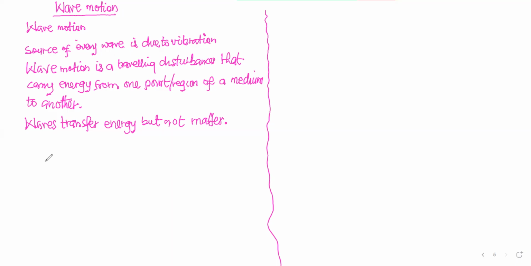No. Because you use energy to talk. And by talking, you are generating sound wave. So the energy causes your vocal cord, what sometimes we describe as Adam's apple, to vibrate. The source of every wave is the vibration. So your vocal cord vibrates.